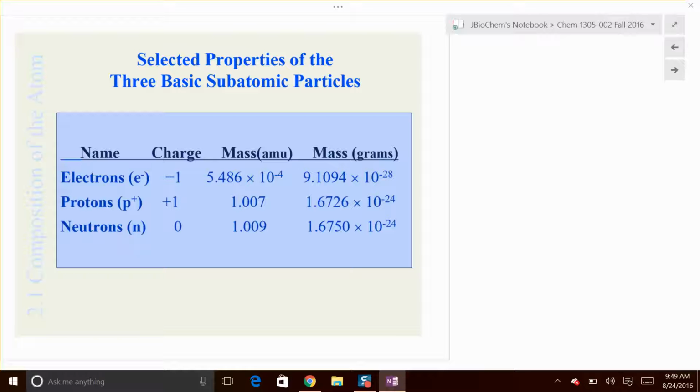But if you consider the gram amounts of everything, a proton weighs 1.6726 times 10 to the negative 24. Neutrons weigh 1.6750 times 10 to the negative 24. So we essentially say they're about the same. Each has a mass of 1 atomic mass unit. This is insignificant compared to these. The masses of these are so much heavier that we don't really consider it to contribute to the mass of the entire element.